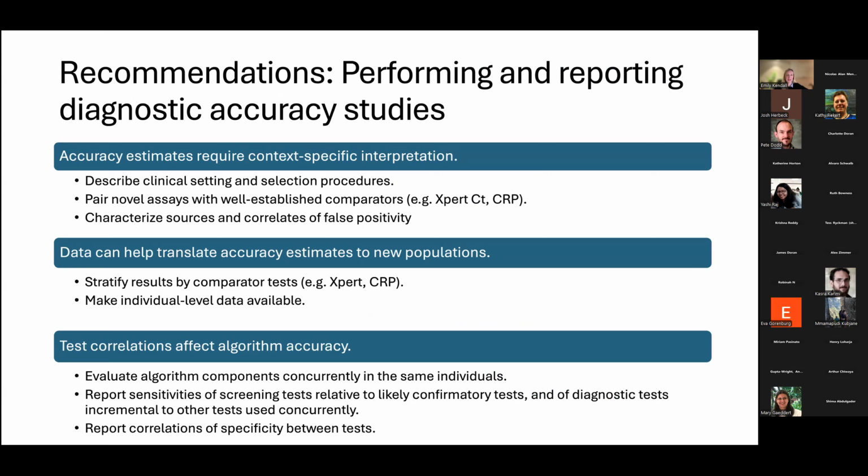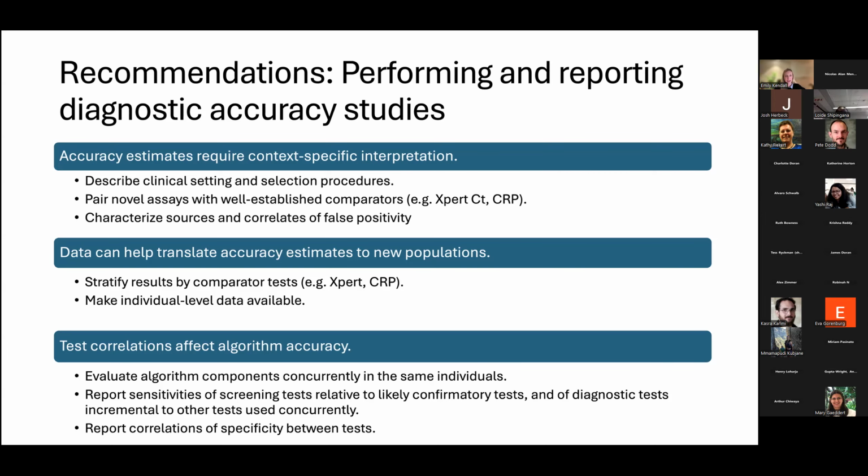It's useful to pair novel assays with comparator tests like experts, cycle thresholds, semi-quantitative results, or CRP, that we can use to understand the severity of disease in the population and help in translating it to other populations. On the specificity side, it's helpful to also characterize sources and correlates of false positivity, and then either giving stratified results or ideally making individual level data available can help researchers, modelers and implementers in translating accuracy estimates to new populations.